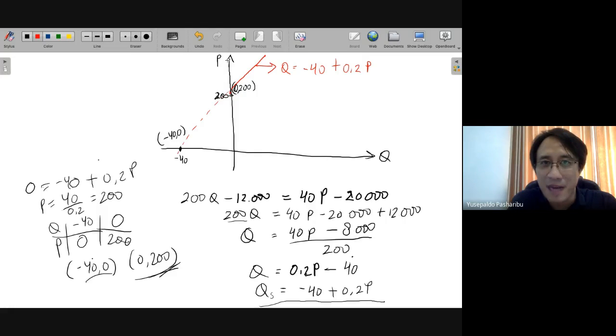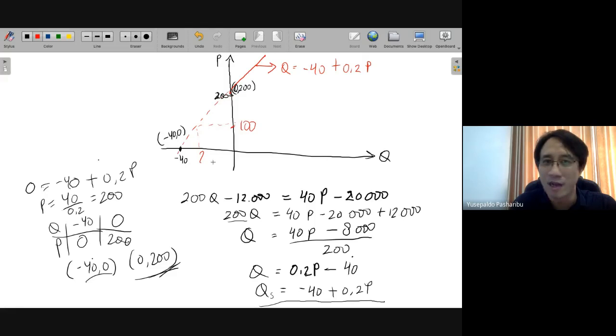So if the price starts from 200, then there are sellers that want to sell this, but in the negative part, nobody wants to sell it. Even if the price is 100, for example, the quantity supplied is in this part.